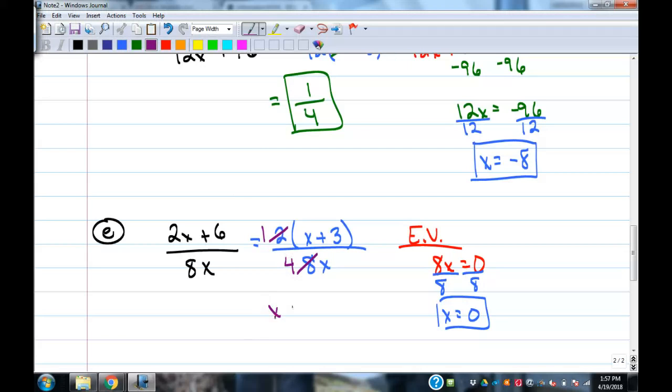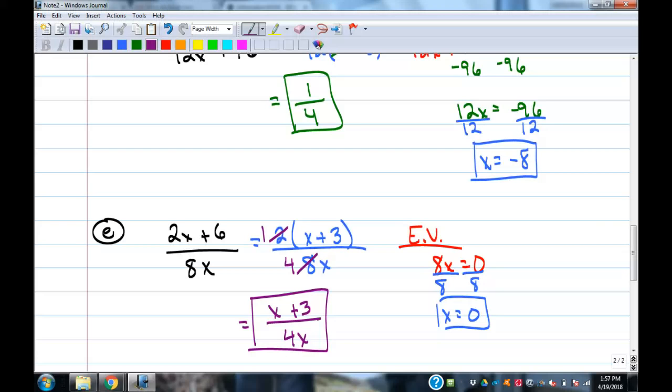So we end up with x plus 3 over 4x. This x here cannot cancel this x up here, because this x is tied to the plus 3. Things that are tied together with addition or subtraction can't cancel with things that are tied together with multiplication.